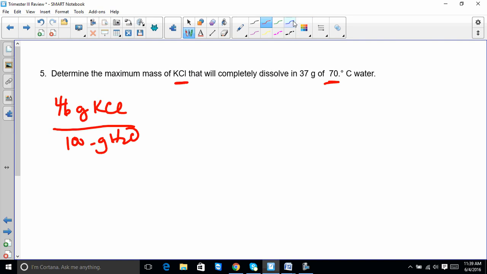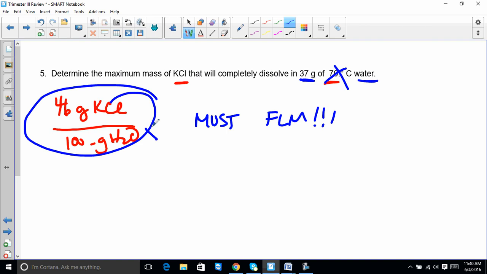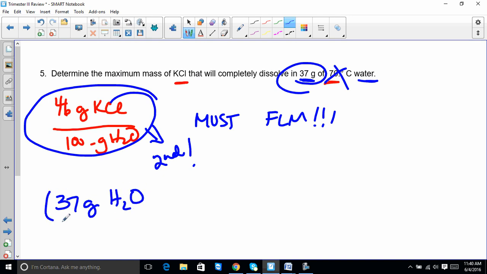And after you do that, you look for a water match. You don't have one. It says 37 grams of water at 70 degrees Celsius. When that happens, when you don't have a water match, you must use the factor label method. And this number does not get used first. This number gets used second. The number that gets used first is the only number in the problem that you haven't used so far, which is 37 grams of water.